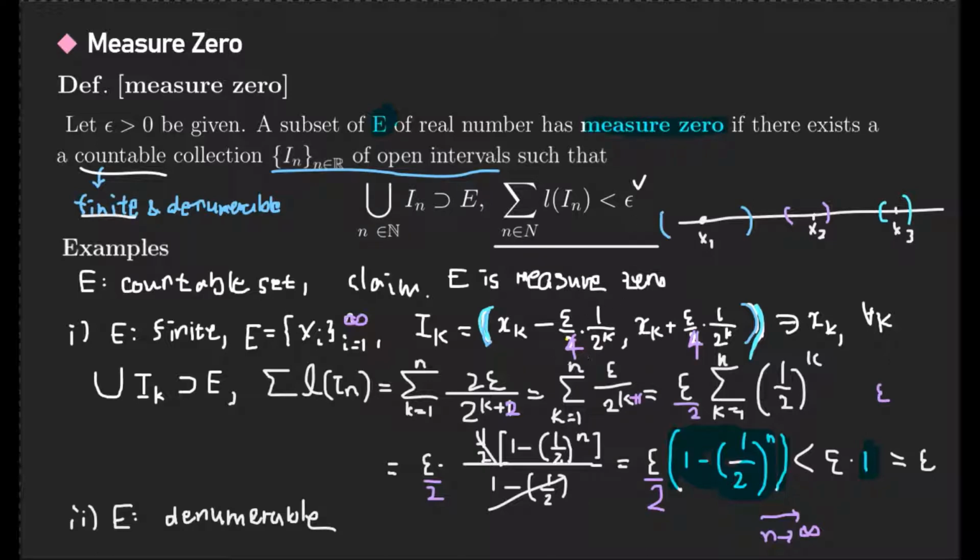But if we set this to 4 and n goes to infinity, this value is epsilon over 4, or half of epsilon. Half of epsilon is smaller than epsilon. So in the denumerable case, when considering the definition, just change the value from 2 to 4.